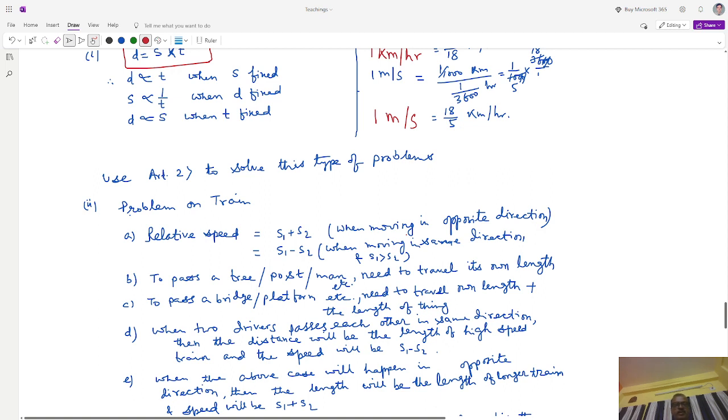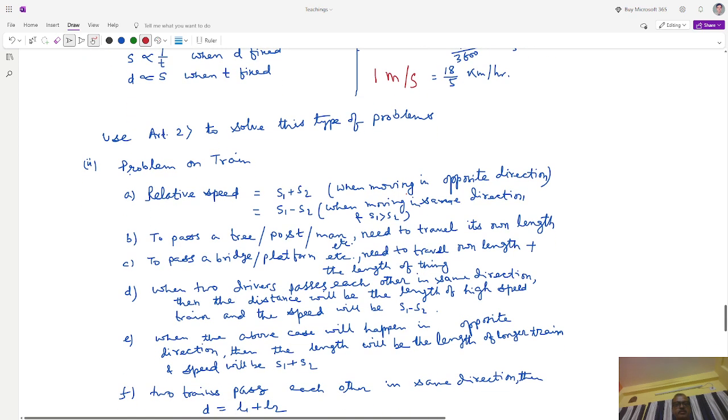To pass a tree or post or a man, a train needs to travel its own length. Similarly, to pass a bridge or platform, a train needs to travel its own length plus the length of the bridge or platform.